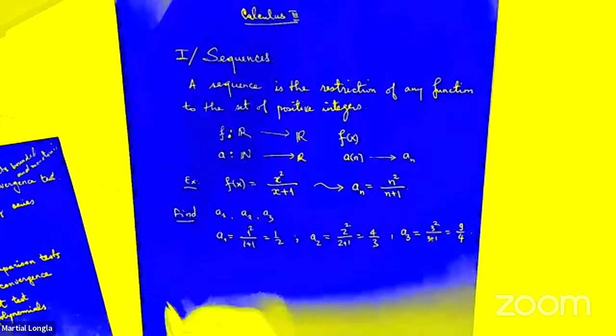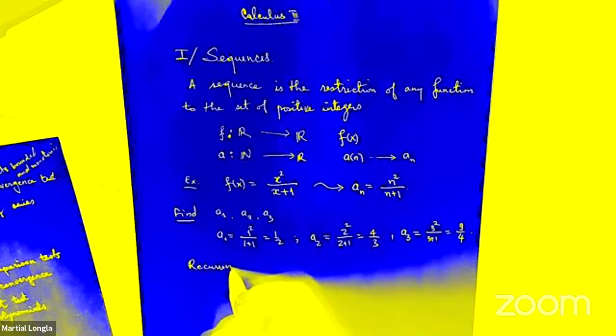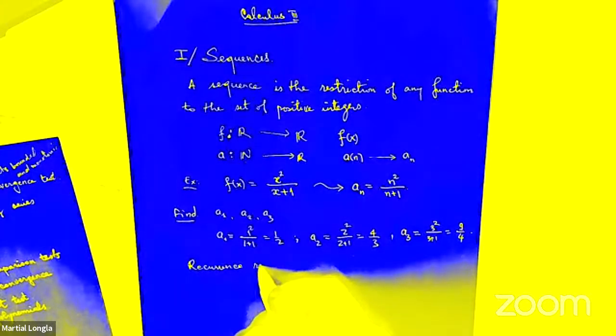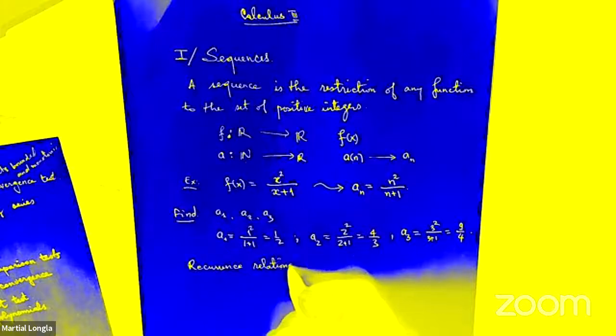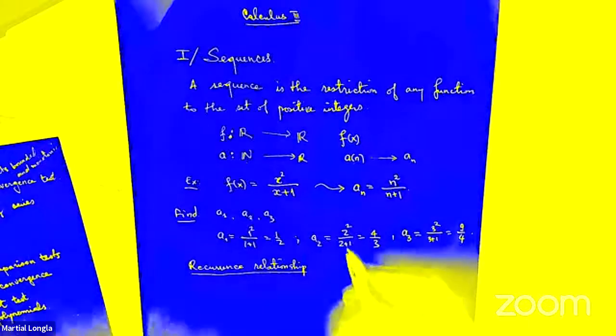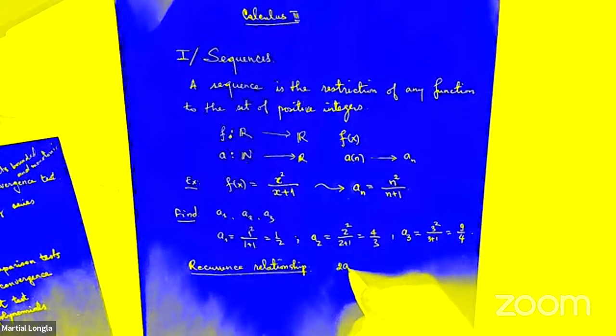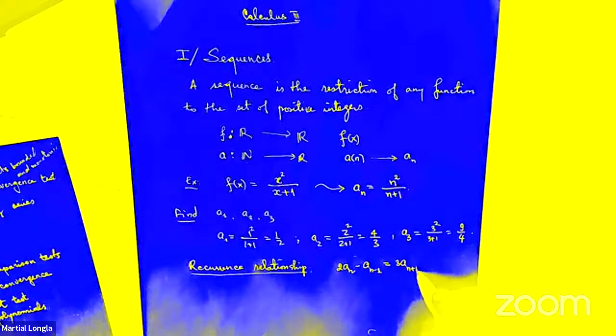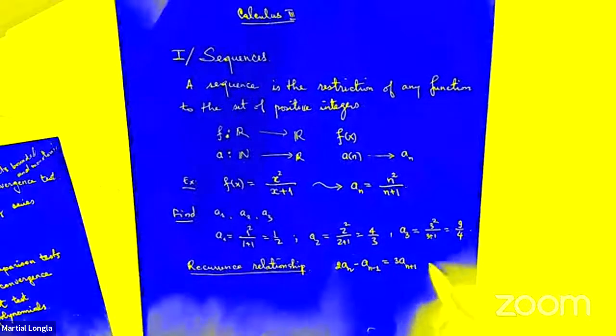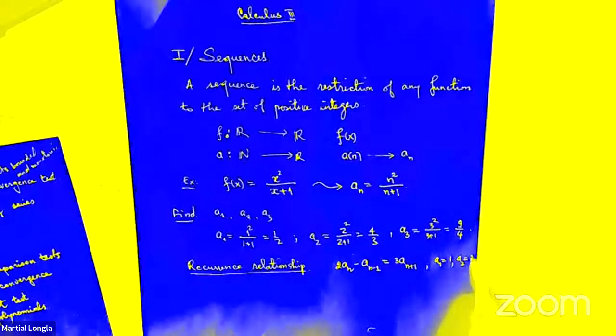For example, let's say you have 2an minus an minus 1 equals 3an plus 1. And then they give you a1 equals 1, a2 equals 3.